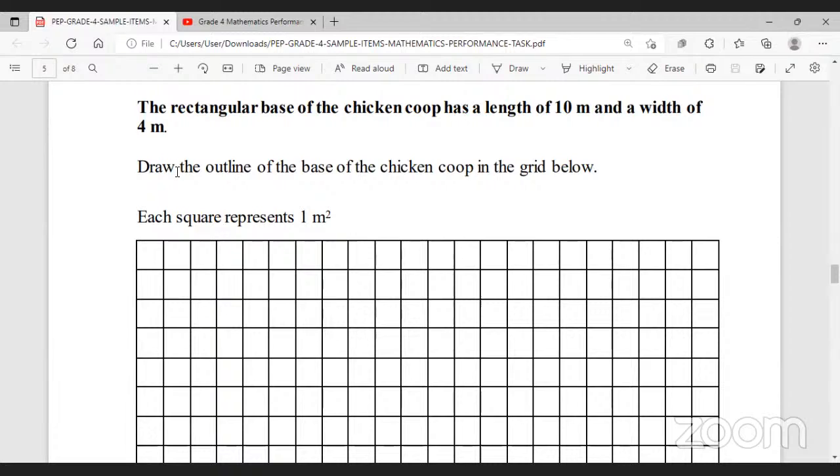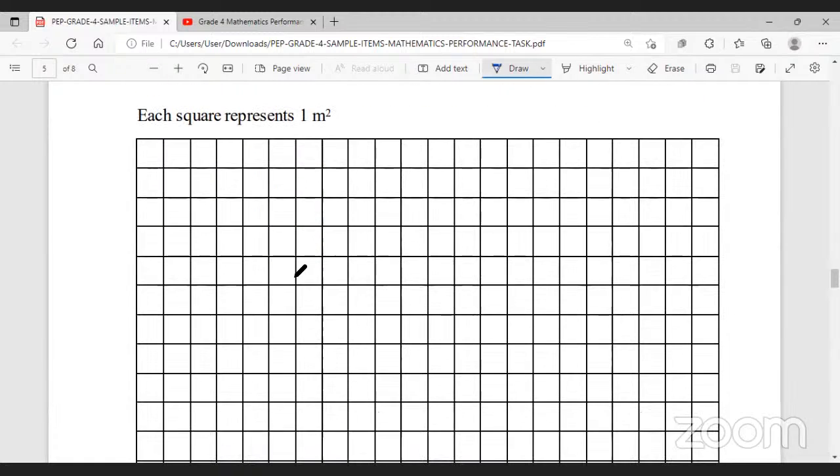So let's try to outline the length of the chicken coop. And it says it's 10 meters. As I said, from here to here is 1 meter. So we can draw a line, go down 10 squares. We can just count them: 1, 2, 3, 4, 5, 6, 7, 8, 9, 10.